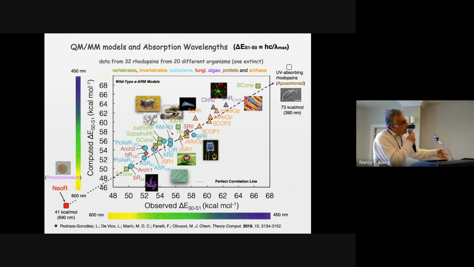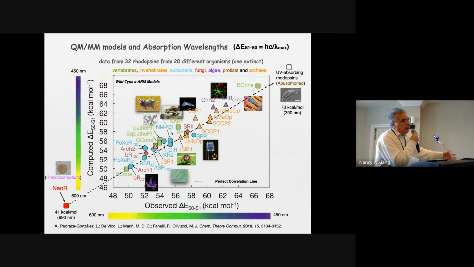And as you can see, these are basically the absorption maxima, the lambda max, computed in terms of excitation energy, or vertical excitation energy, for 32 different rhodopsins coming from 20 different organisms. Not only proton pumping rhodopsins, of course, but we have visual pigments, vertebrate, invertebrate, and of course a number of microbial rhodopsins.